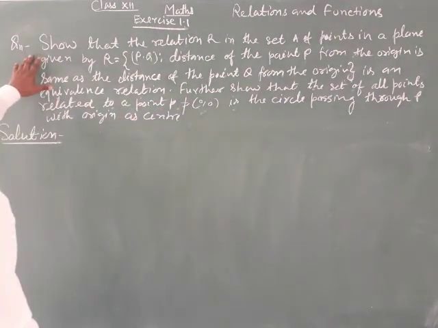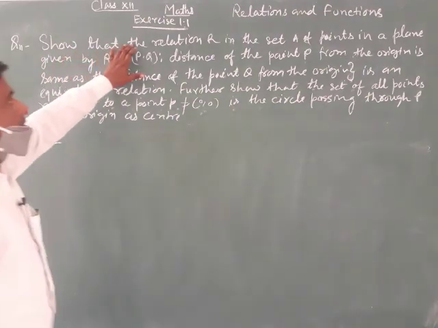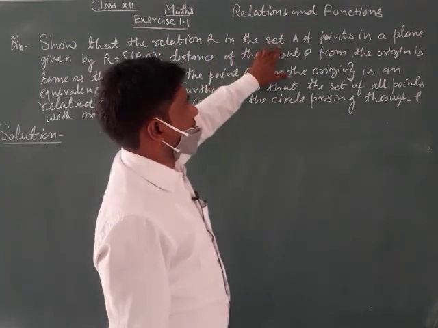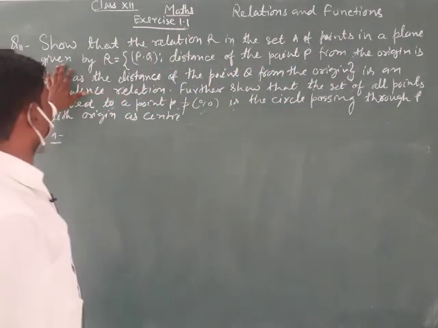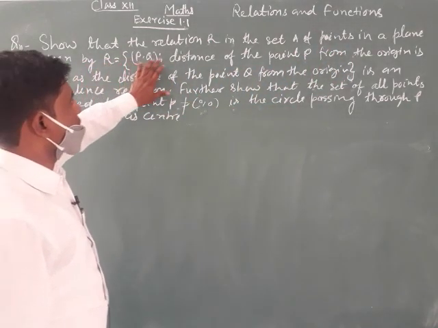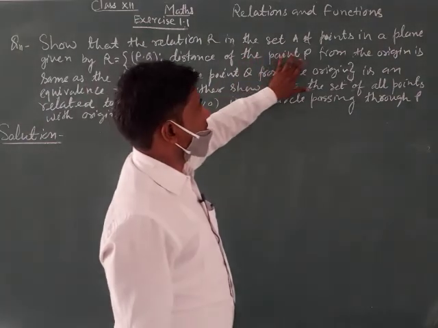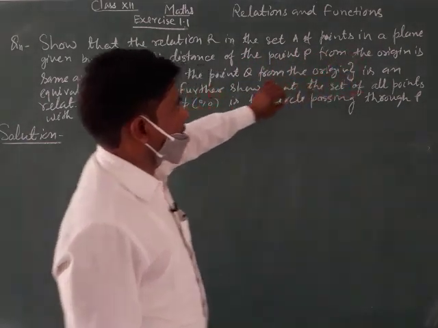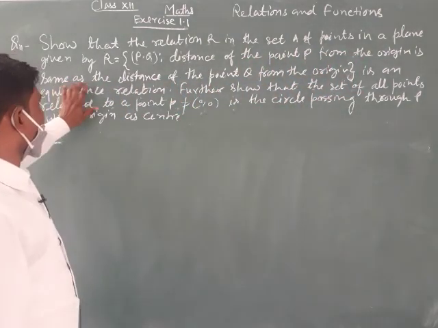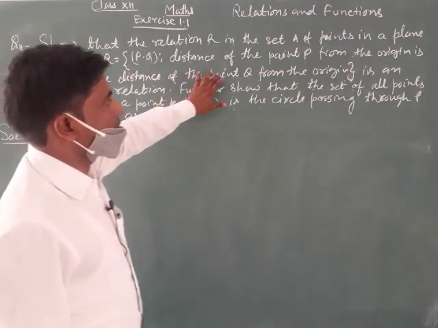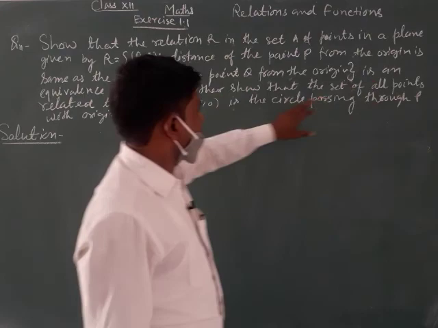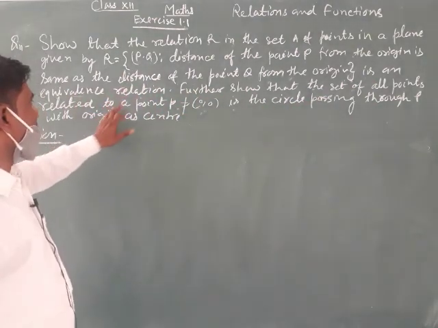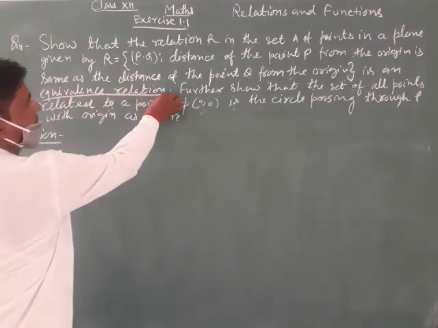Question number 11: show that the relation R in the set A of points in a plane, given by R = {(P, Q): distance of the point P from the origin is the same as the distance of the point Q from the origin}, is an equivalence relation.